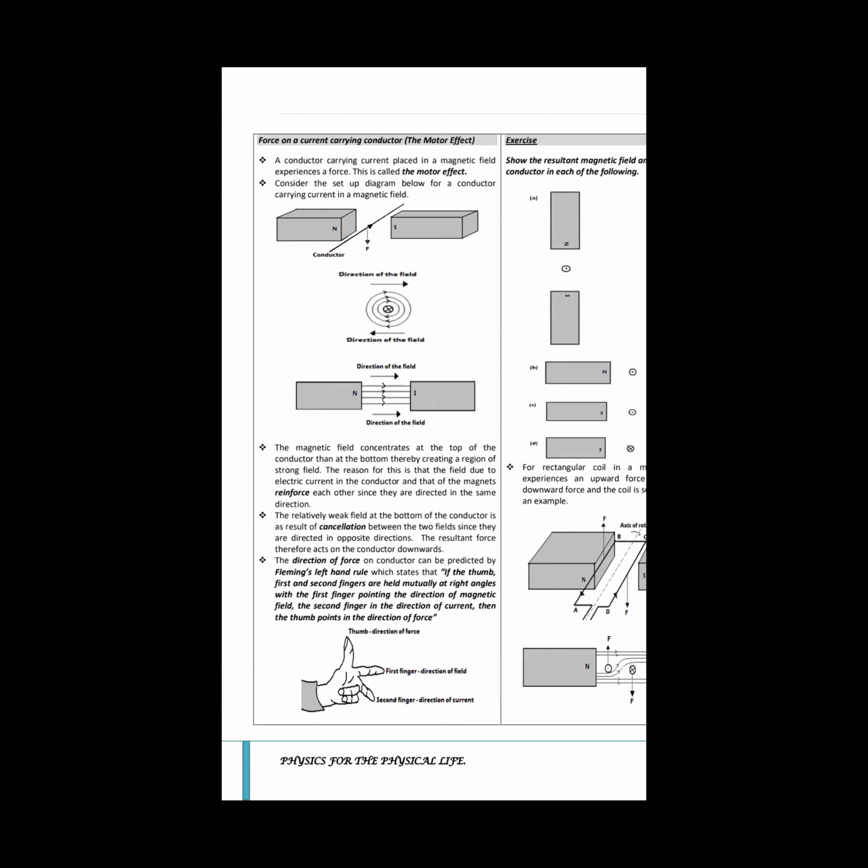We have the magnet with the north pole and south pole, and we have a conductor carrying current. The direction of force has been indicated, but in every diagram here, we must apply the rule, and this is where some of you also had challenges in determining the direction.